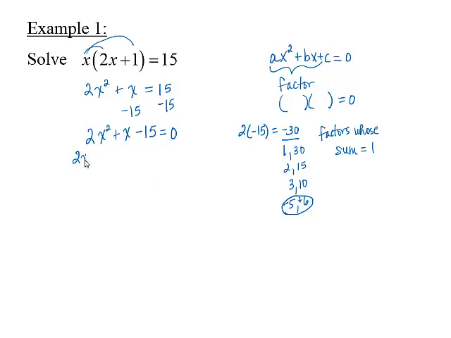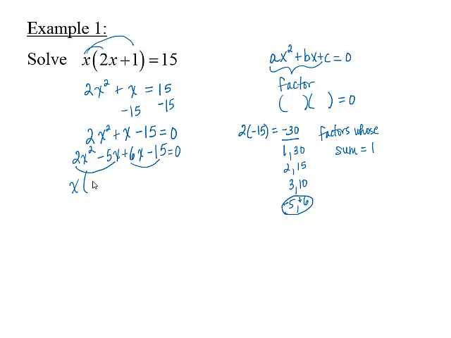So we replace the 1x with negative 5x plus 6x, and then minus 15 equals 0. Factoring now by grouping the first two and last two terms. 2x squared minus 5x has a common factor of x.